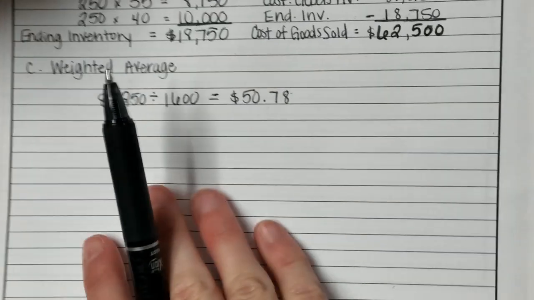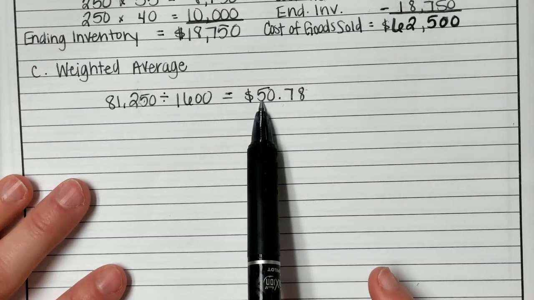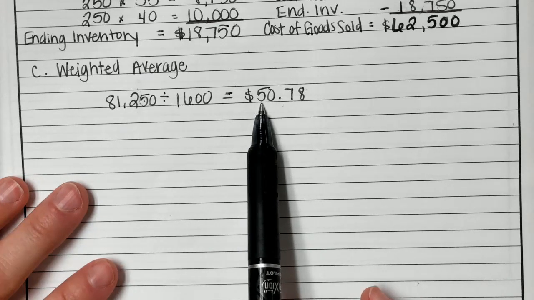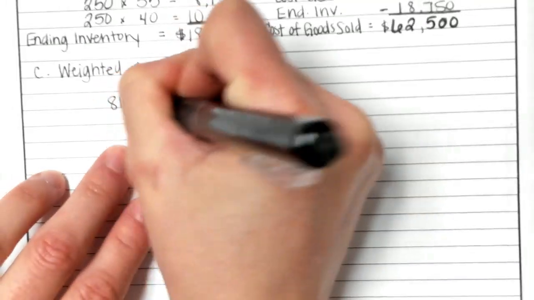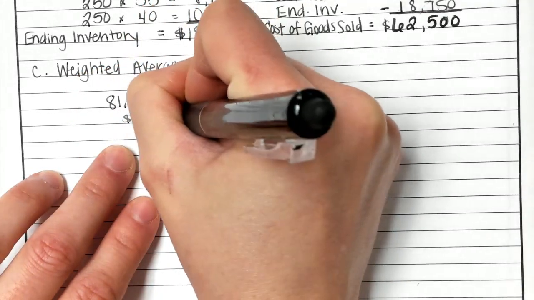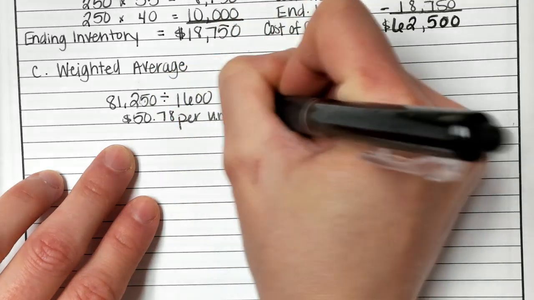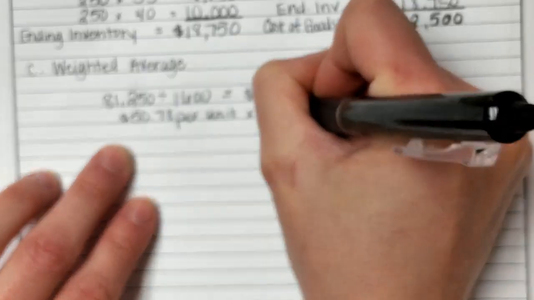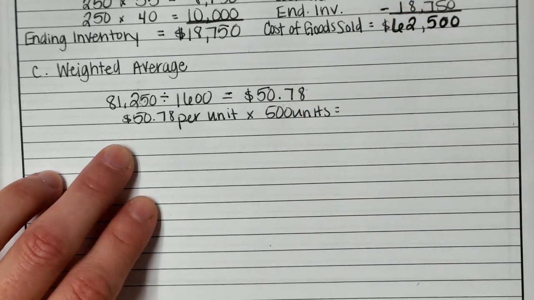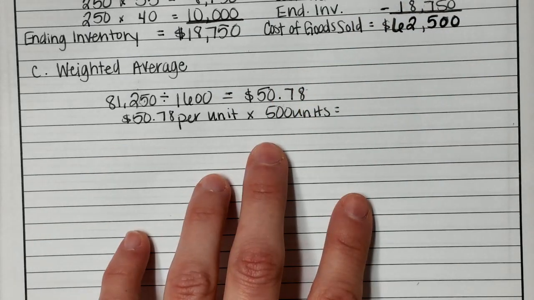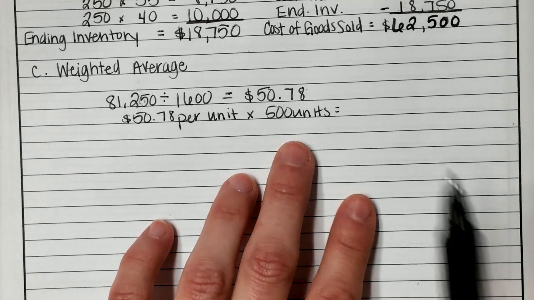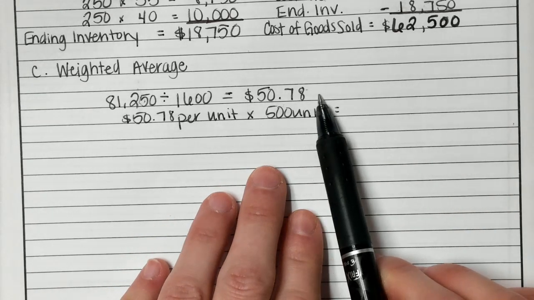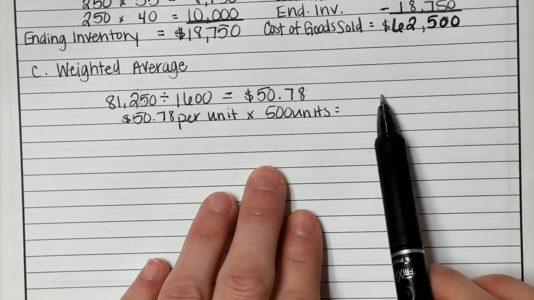Okay, so then you just take that, multiply it by the number of units you have left over. So we'll have $50.78 per unit by 500 units. It says round the weighted average to the nearest cent, so don't we round up to 80 cents? No, it was just saying if you did that on a calculator, it gave you like 3 or 4 more decimals.